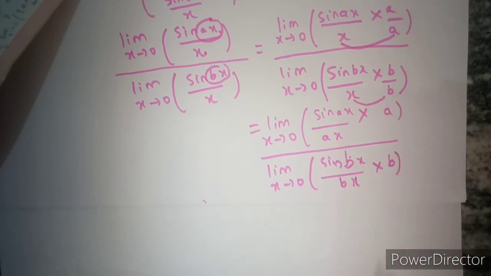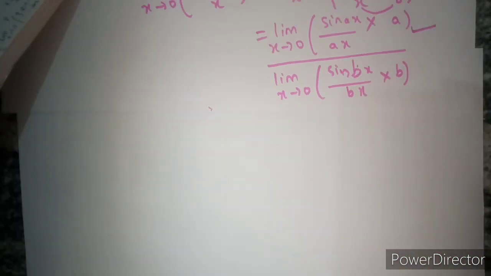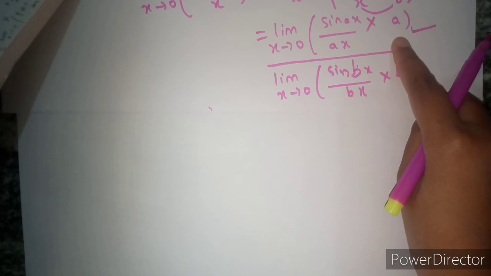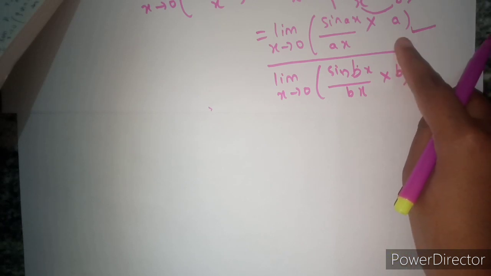Okay. So now which property do we have to apply here? Here a is constant, right? Because it is not containing x. So this is constant. Here b is also constant because this is also not containing x. So b is constant. Here a is not containing x, so this is again constant.